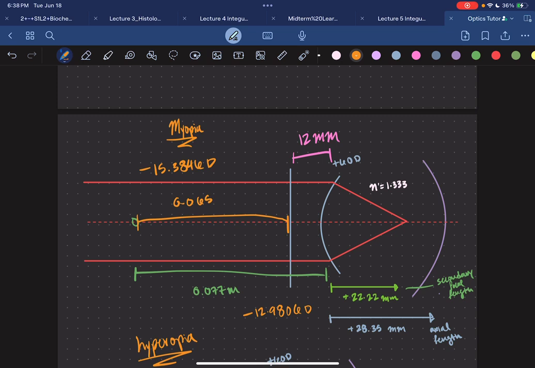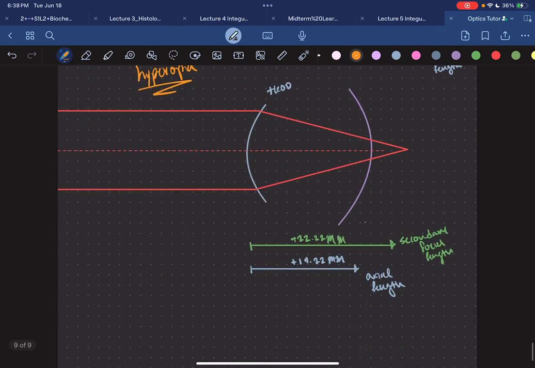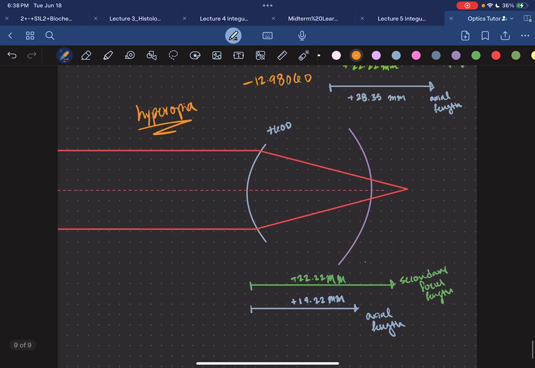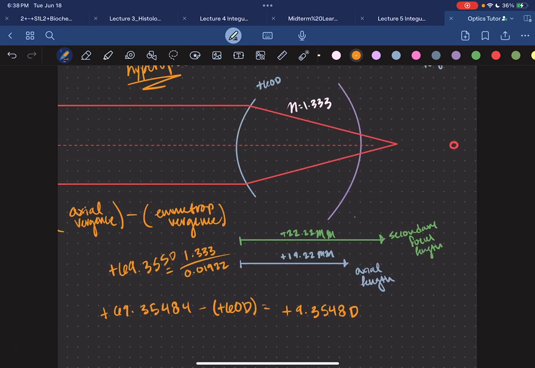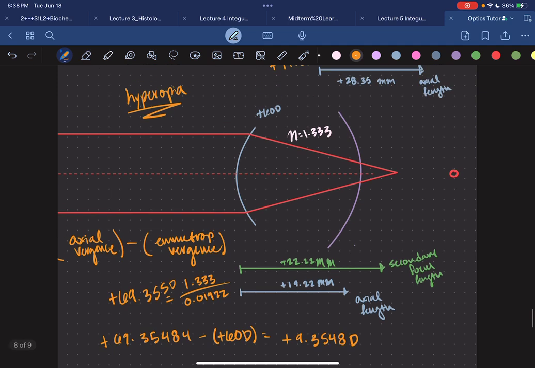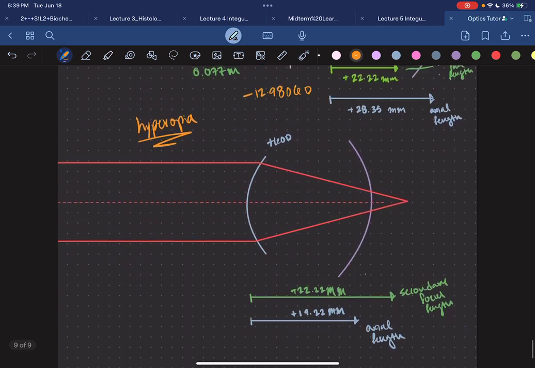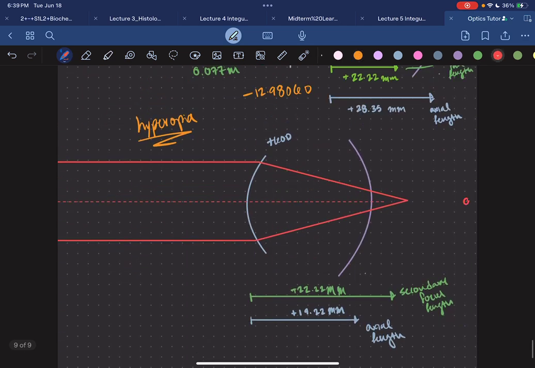So let's now do it with a hyperopic eye. We've got someone who has hyperopia. I'm going to look at the math that we did up here. We found that the far point was, I've got to do the math again, 1 divided by 9.3548. So we found the far point for this is going to be way back here somewhere.